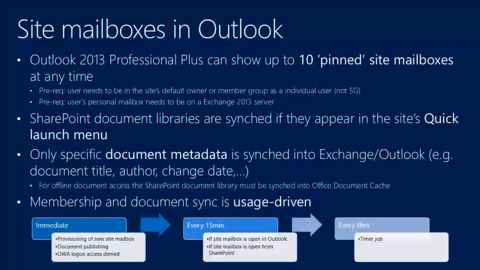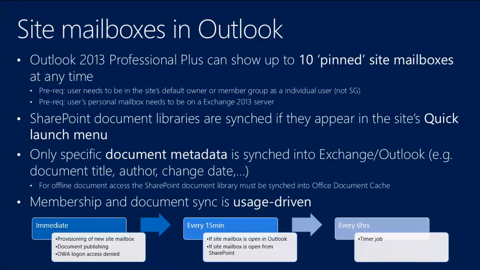And then I mentioned membership and document sync a few times, but didn't really talk to it. The way we decide what to show in Outlook is that every now and then, Exchange will talk to SharePoint and ask for updates: did anything in the document library change, did anything on the owner list change, did anything on the member list change. And then we reflect that in the site mailbox by creating those new document references or adding members and users.